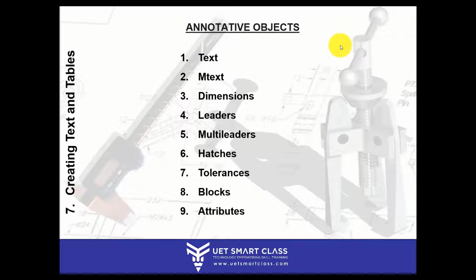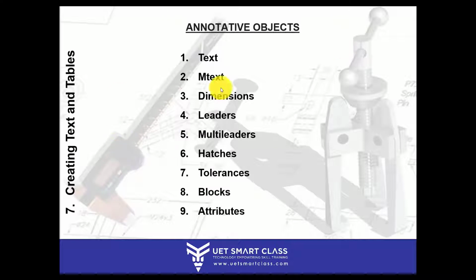Okay. So basically, annotation is, in simple words, every object in your drawing which is not a model or a geometry is an annotation object. Simple. So other than your geometrical objects or your model objects, every object is an annotative object.